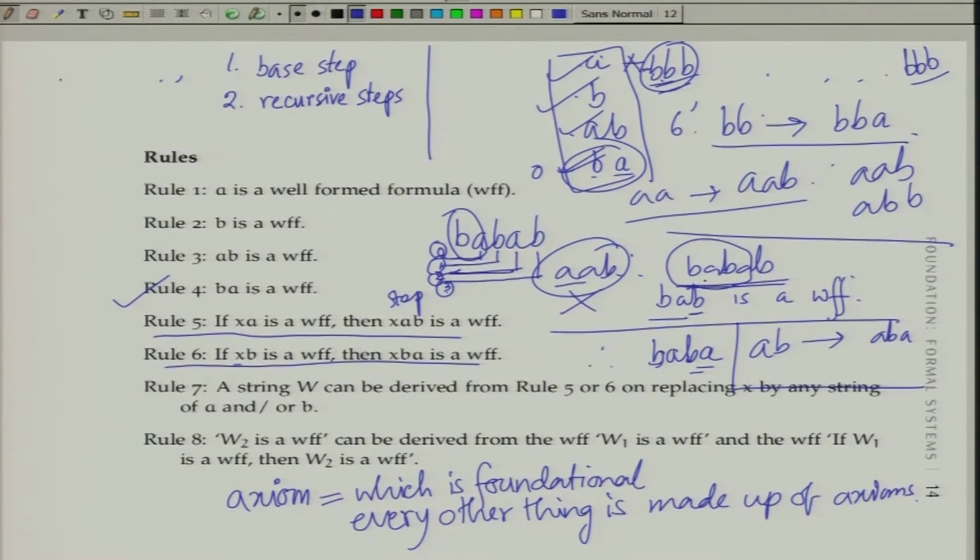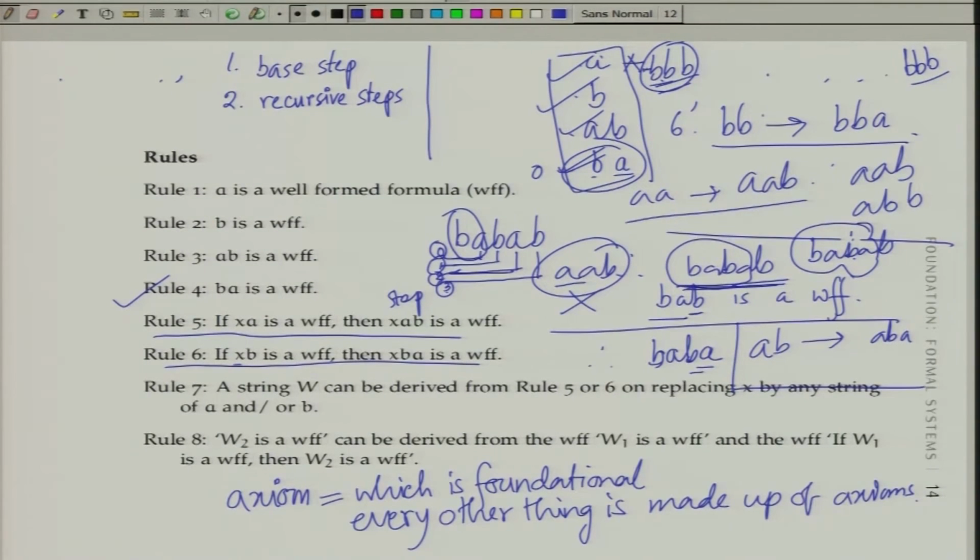So once again I repeat, at the third level, in order to generate BAB, we had to have BABA, which was generated in the previous step. So you cannot skip a step, it is not random. You have to go in a systematic way.